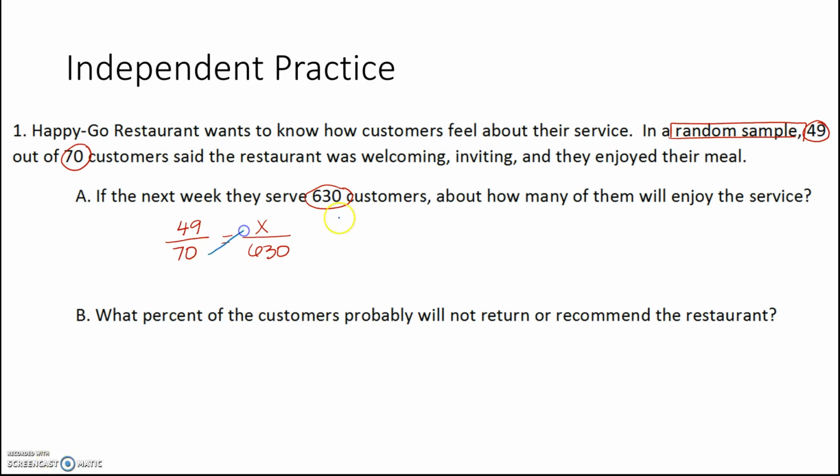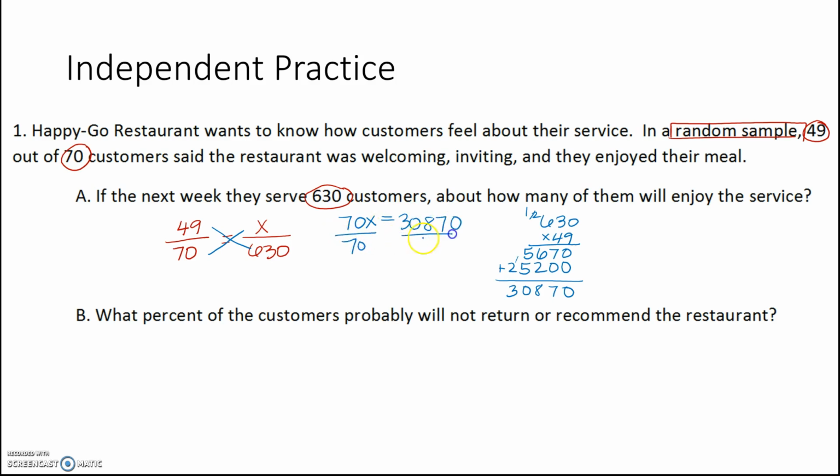Okay, so cross product: 70x equals 49 times 630, which is 30,870.